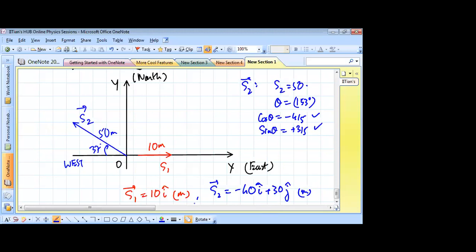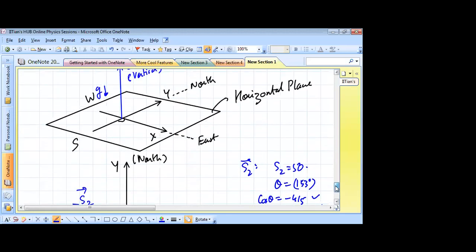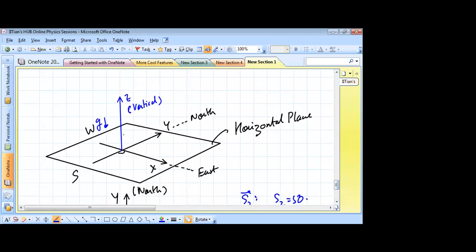And S3 is, in this diagram, coming out of this straight towards you. So you cannot draw the vector in this diagram at all. The S3, you can understand, is a vector which is going vertically upwards. So in the diagram below, where you're looking into that horizontal plane, it's coming straight towards you.